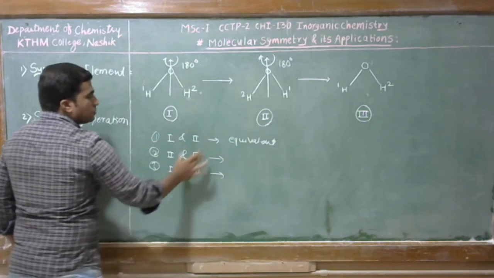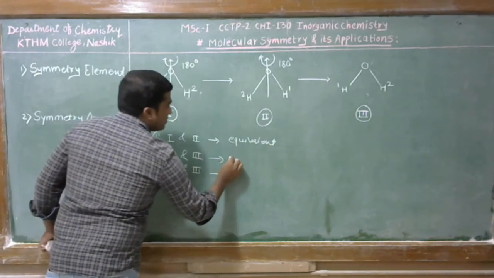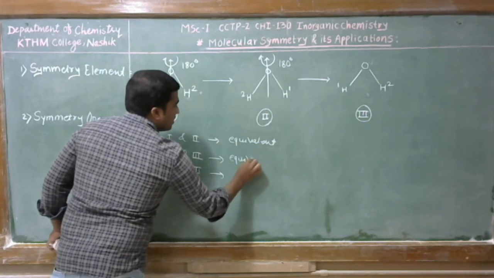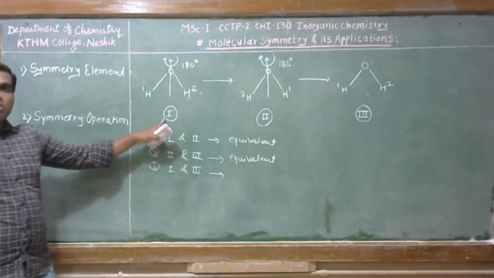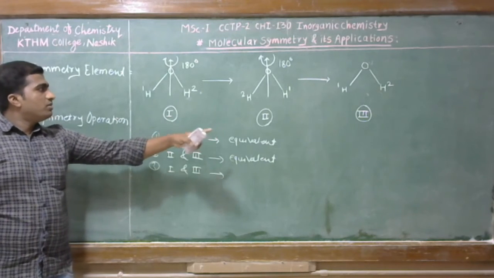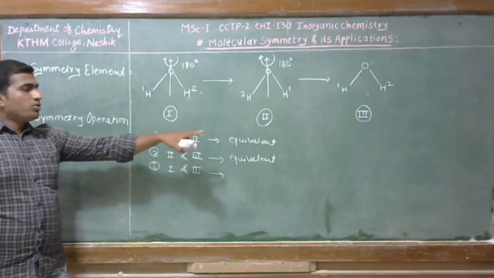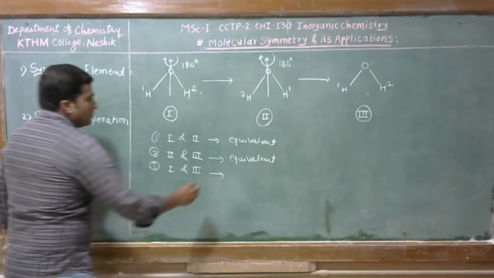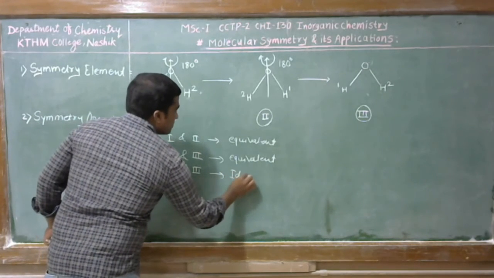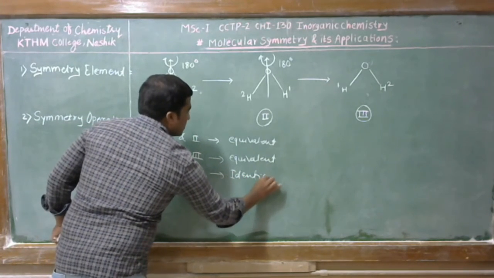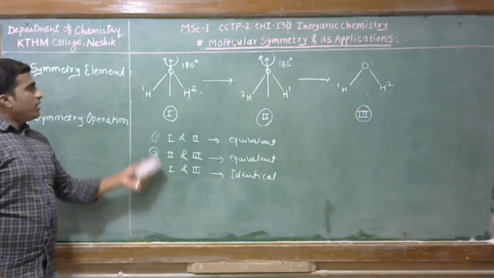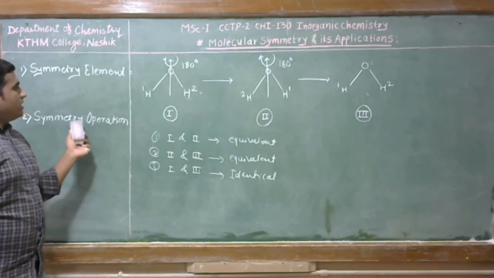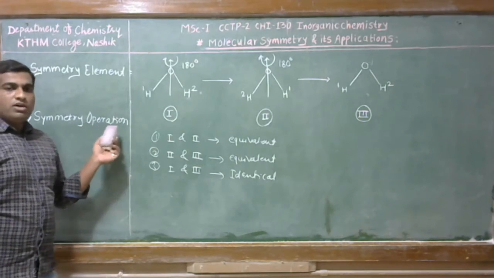These two are again equivalent. And last one, configuration number 1 and configuration number 3. These two configurations are identical. Okay. So this is an example of symmetry elements and symmetry operation.